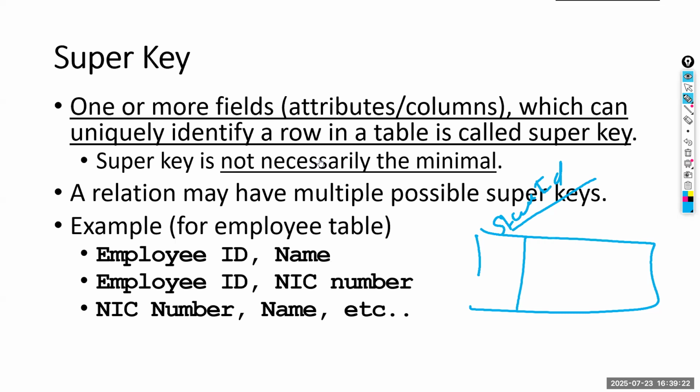Then someone might say, okay, so what about student ID plus name together? Then it is not a candidate key. It's a super key. Super key means it has a candidate key plus one or more additional fields. So then it is not a primary key, it is a super key.